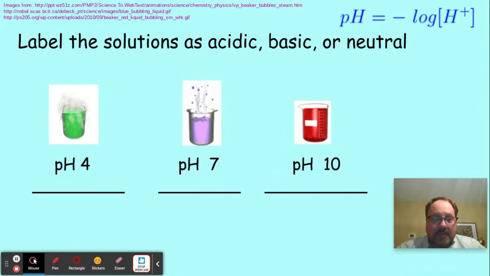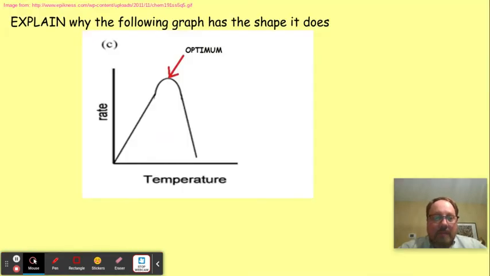Here, if we look at the next example, label the solutions as acidic, basic, or neutral. Okay, well, pH 4, that's going to be below 7, so that's acidic. pH of 7 is neutral, and pH above 7 is basic or alkaline. Okay. Here, explain why the following graph has the shape it does. Well, we see reaction rate is low, peaks, and then drops off again.